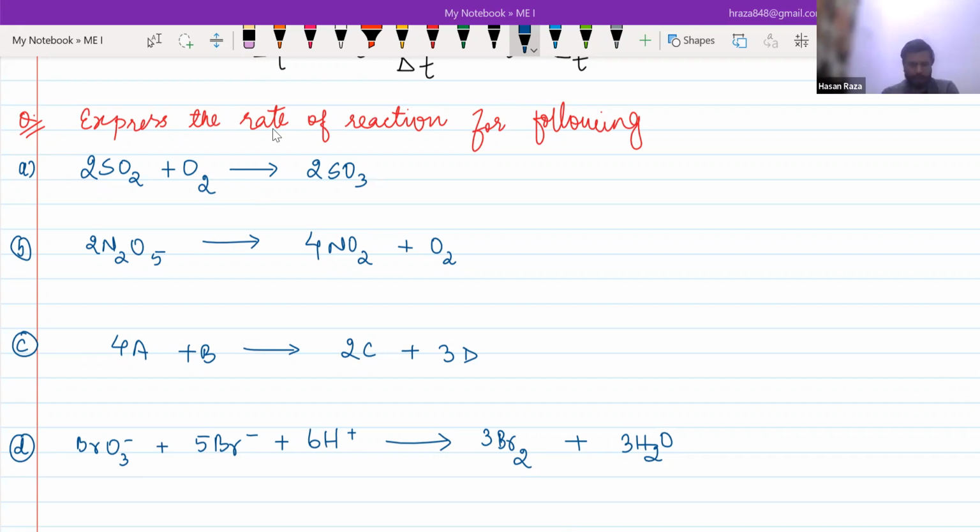You shouldn't take this much time for this small question. So the rate of disappearance. No, we are going to talk about rate of reaction, not disappearance.